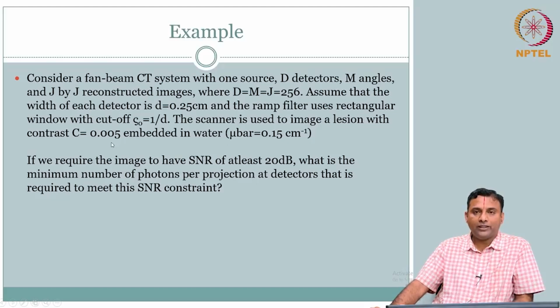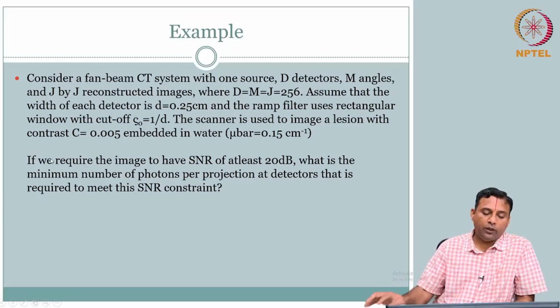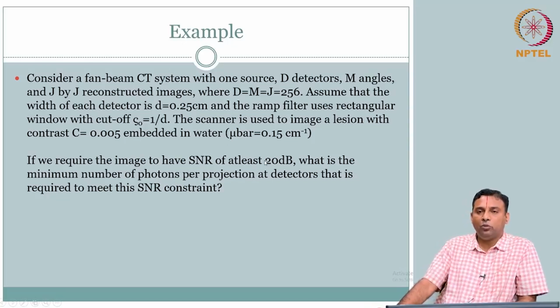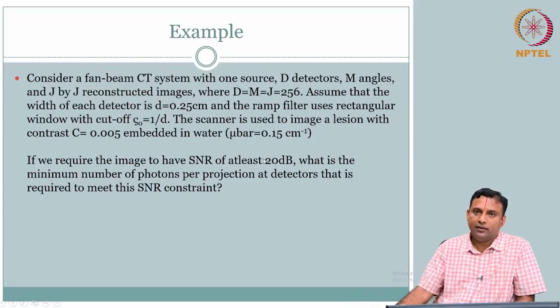So now the question is, given this setup, this is what I want to do. You are given a constraint. I want to do the imaging, but subject to at least 20 dB, I need to make any diagnosis. Only then I will be confident in saying that it is a lesion, and I can do follow up.